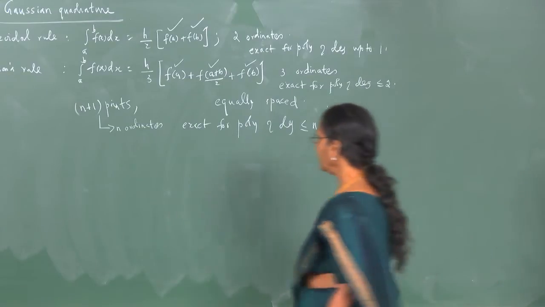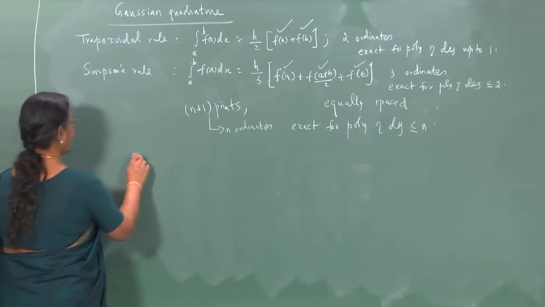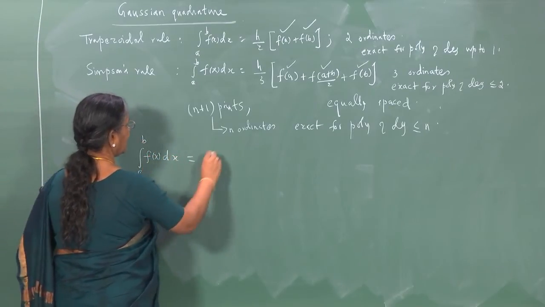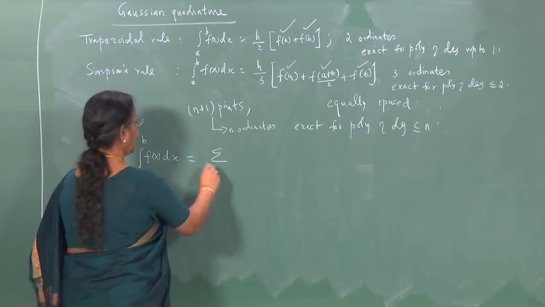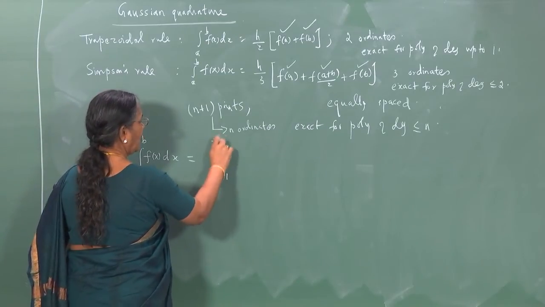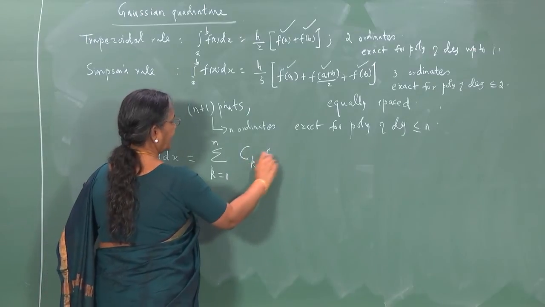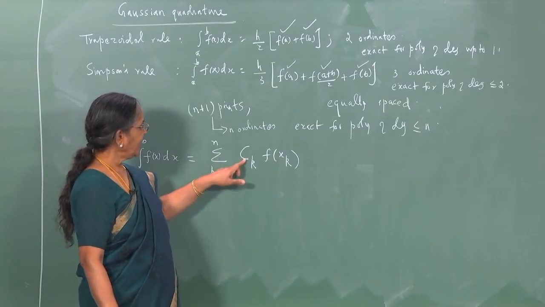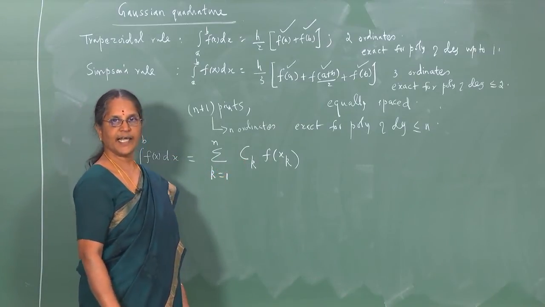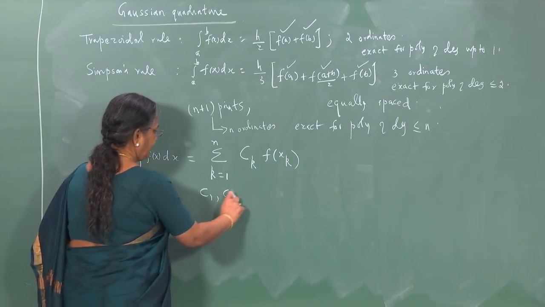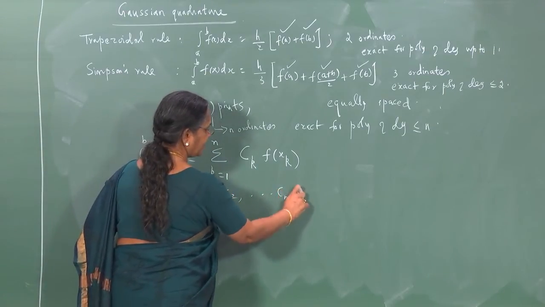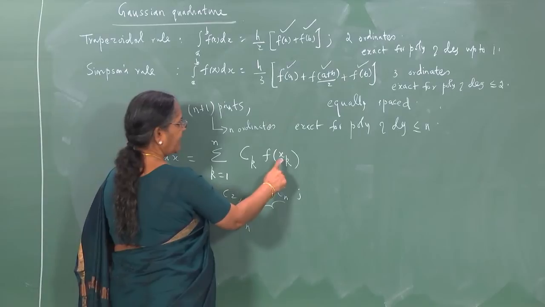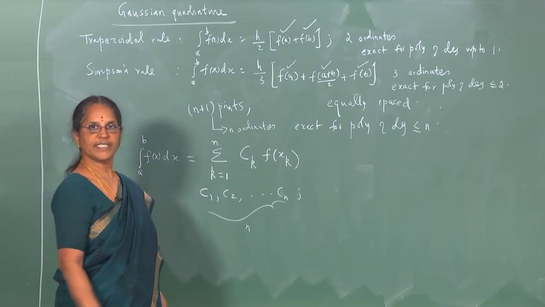So, he said that one can obtain integration methods of the form integral a to b f of x dx, which is of the form sigma k equal to 1 to n c k f of x k. So, k runs from 1 to n. So, there are n unknown constants c k, which are c1, c2, etc., cn. In addition, we have x k's which are also not known to us.